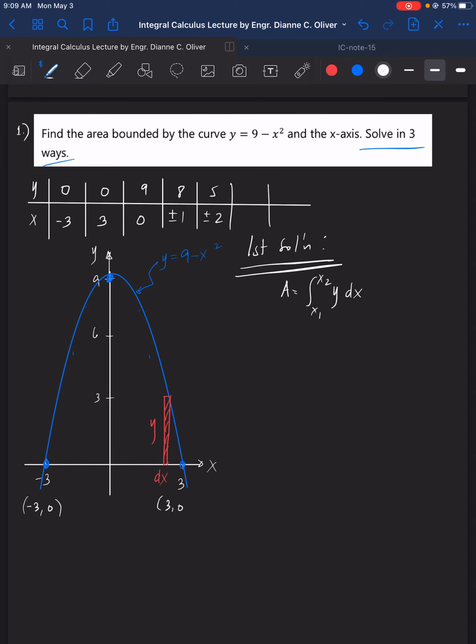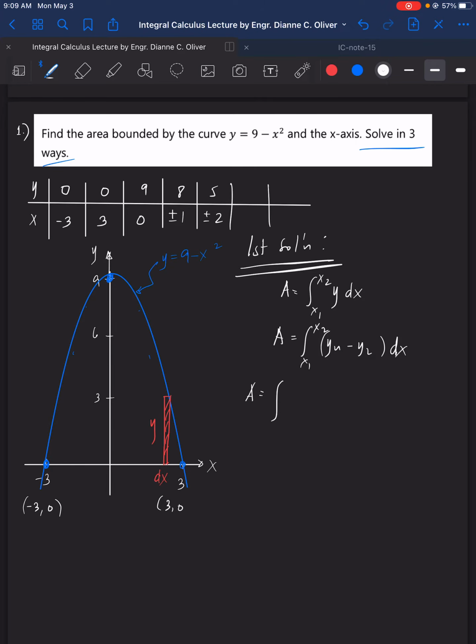If we are using the general one, so y upper minus y lower, dx, x1 to x2. So we have here area is equal to integral of y upper.